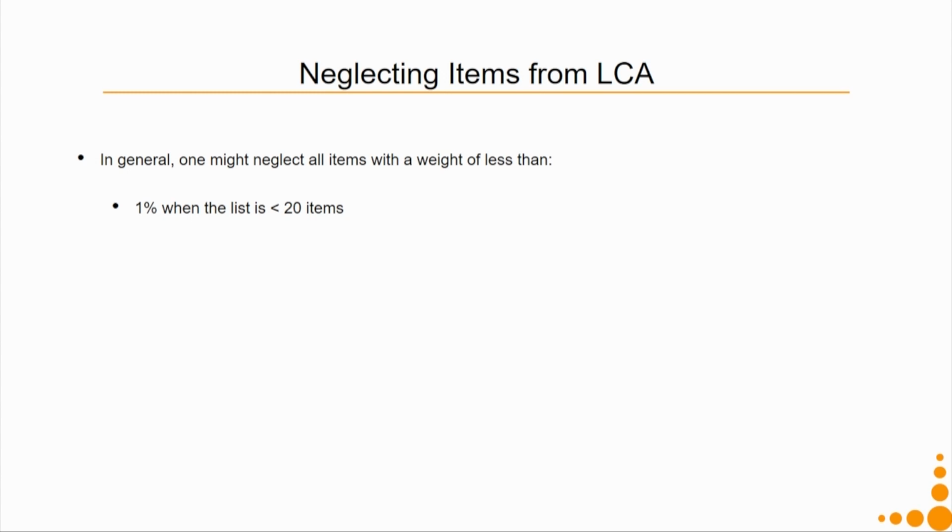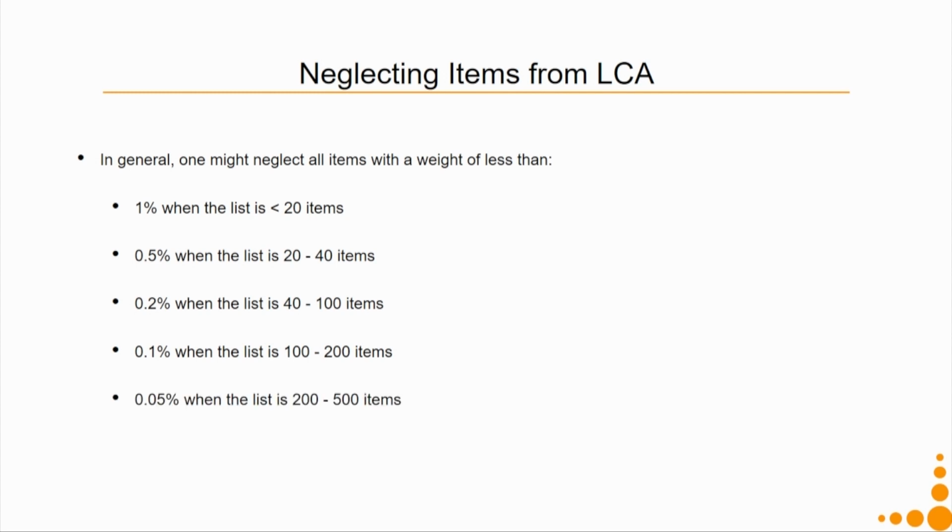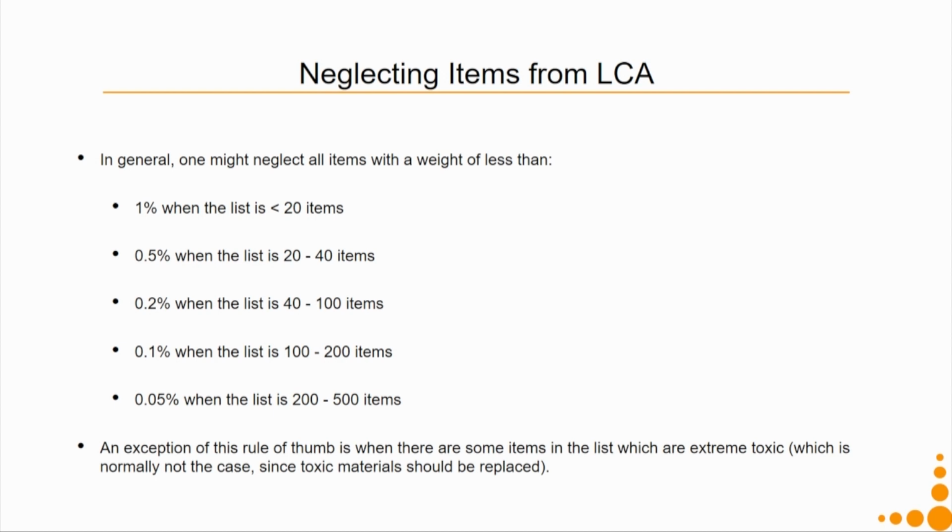So, say I ignored 4 products, each one of them should have less than 1%, and when I add up the impact of all the 4, it should be less than 1% of the total weight. It goes down to 0.5% when the list is 20 to 40 items, 0.2% when the list is 40 to 100 items, 0.1% when the list is 100 to 200 items, and 0.05% when the list is 200 to 500 items.